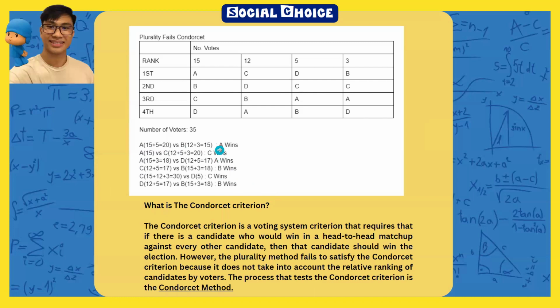So ibig sabihin, para manalo sa Condorcet method, kailangan lahat ng matches niya, pag pinag-head-to-head sila, manalo siya. So dahil dito, walang nanalo ng overall, like walang nanalo ng A versus B, A versus C, A versus D, walang overall winner. So walang winner dito sa Condorcet method na to, sa example na to.